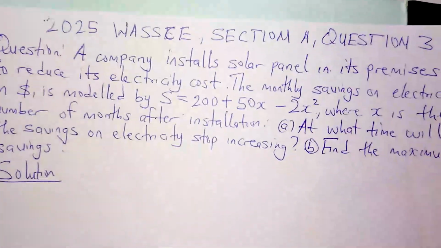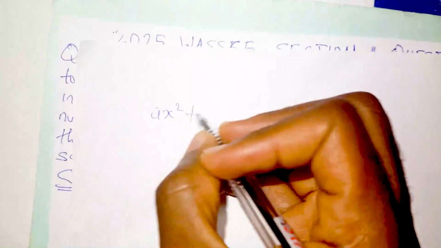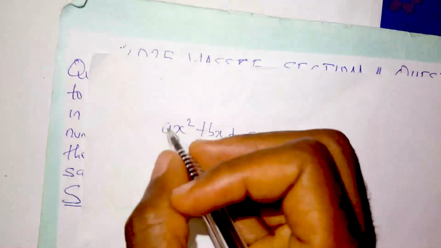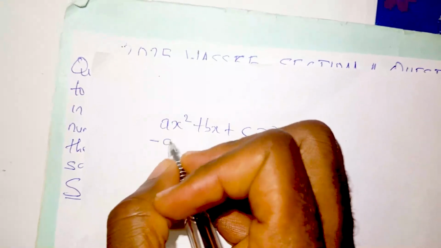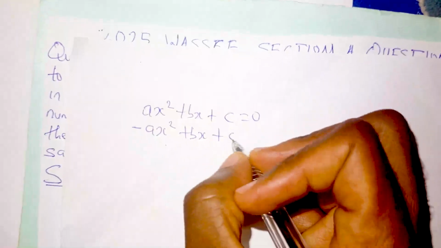Now, the first thing you have to notice, if you are familiar with the quadratic equation very well, is that your quadratic equation can be in two forms. Either it is of this form, ax squared plus bx plus c equals 0, and you can also have this a to be negative, minus ax squared plus bx plus c equals 0.